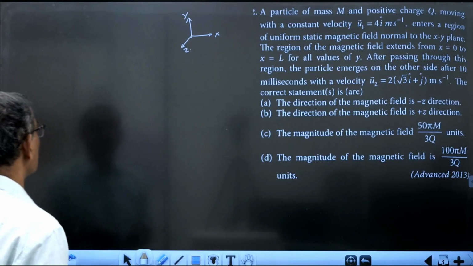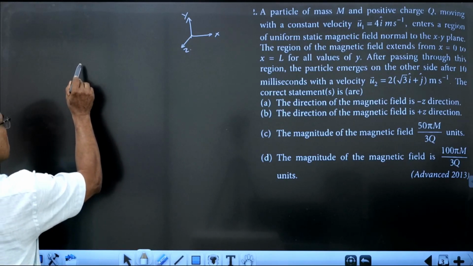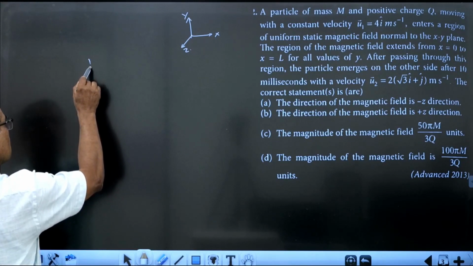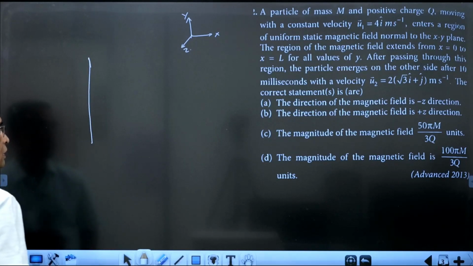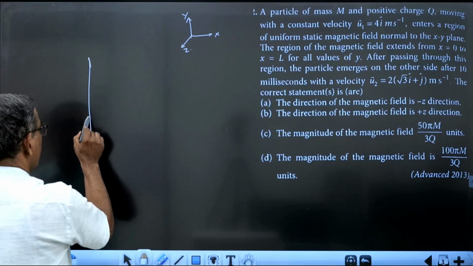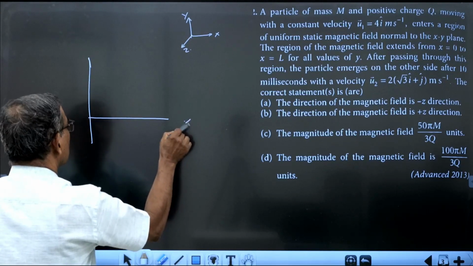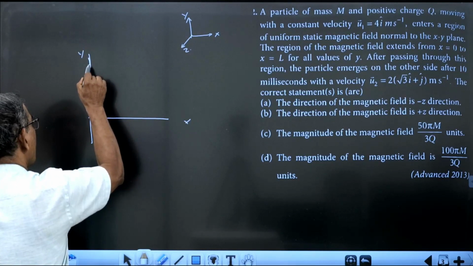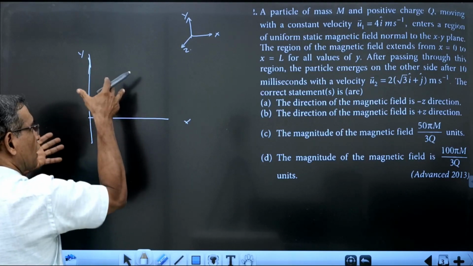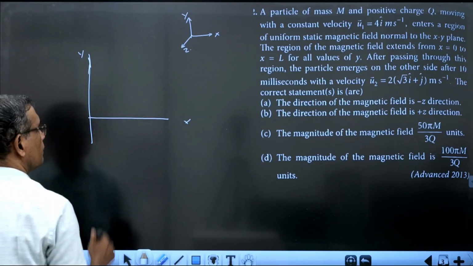So we can do this. Suppose this is x and this is our y, and inward or outward there is a magnetic field.